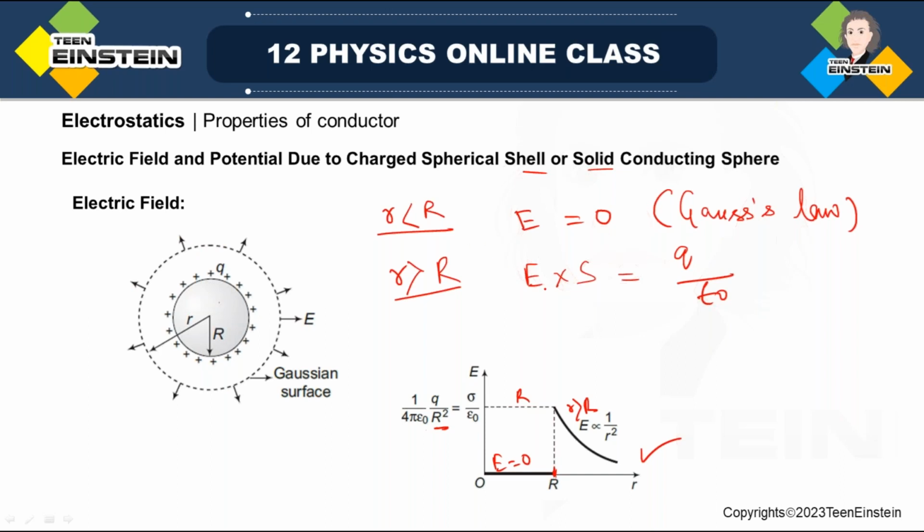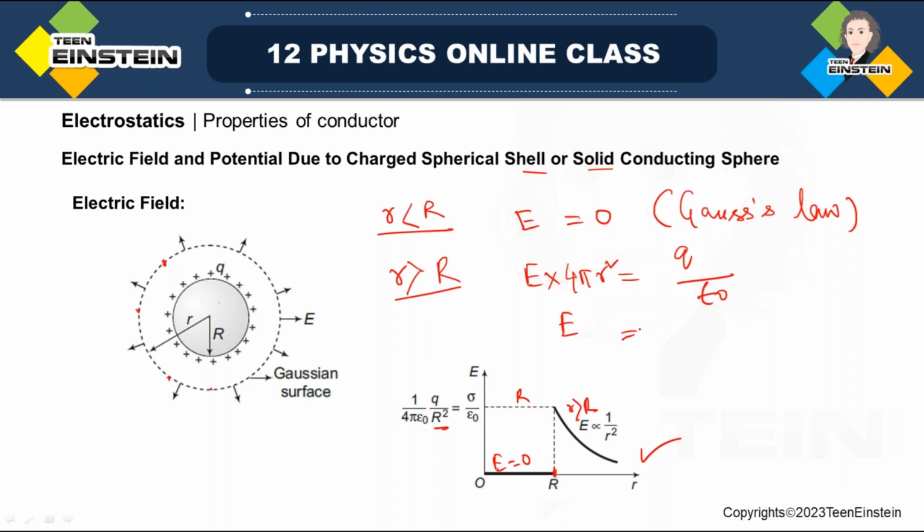How about the electric field? The electric field will always be constant at any point on the surface, here, here, here. So I can take it out of the integration. That's how I have written it here. The only thing left is the area. The surface area of a sphere is 4 pi r square, and here I have to take the area of the Gaussian surface.